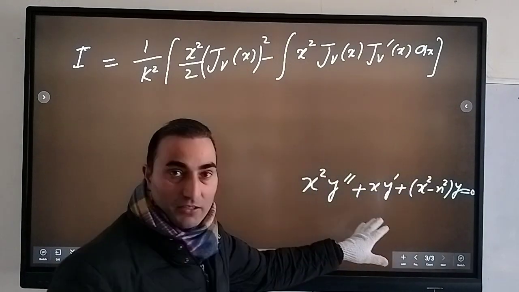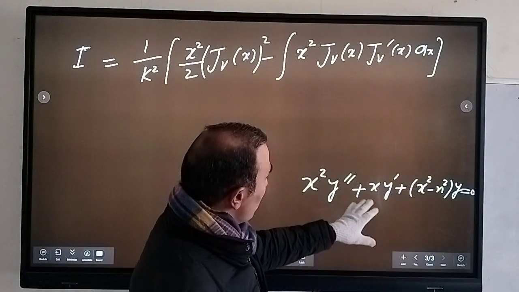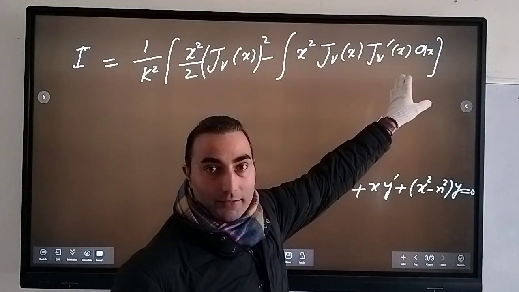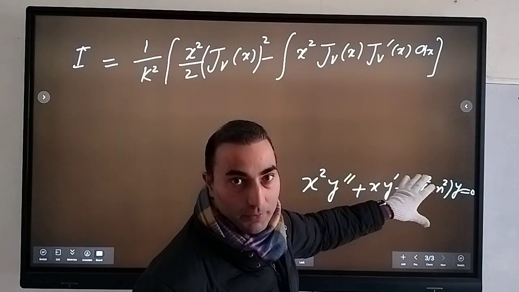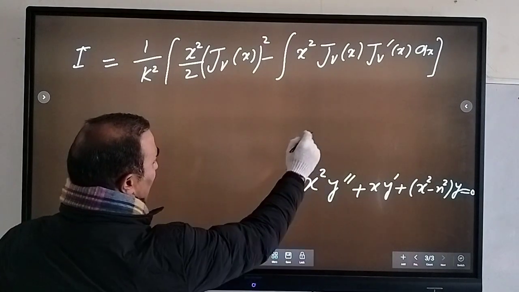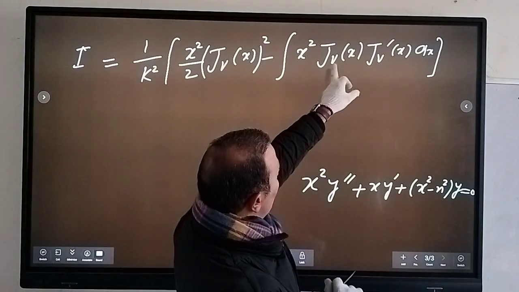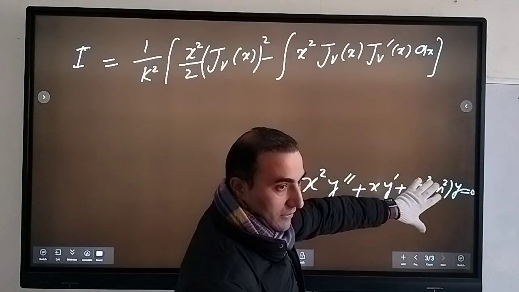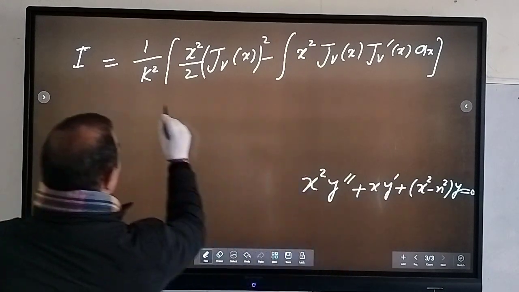तो ये हमारी Bessel differential equation है, right? So that means this Jv of x, that Bessel function, should satisfy this Bessel differential equation, right? So that means I can write then, because this Jv of x satisfies this Bessel differential equation, that means I can write then.